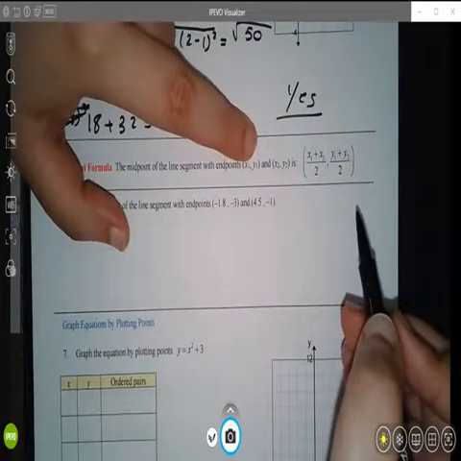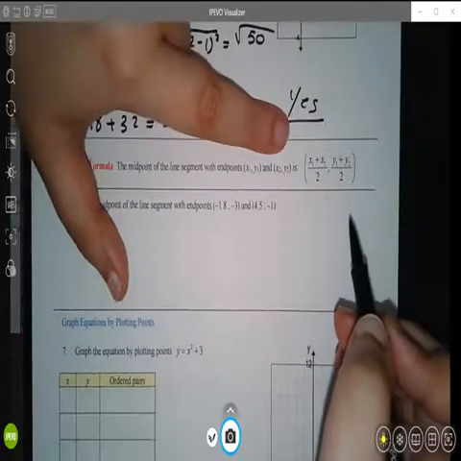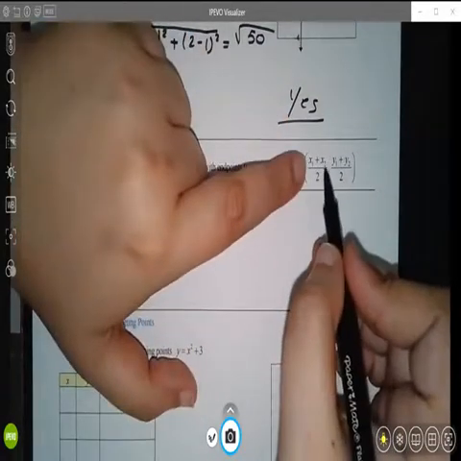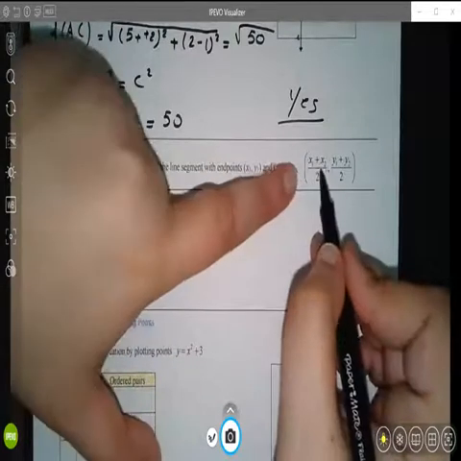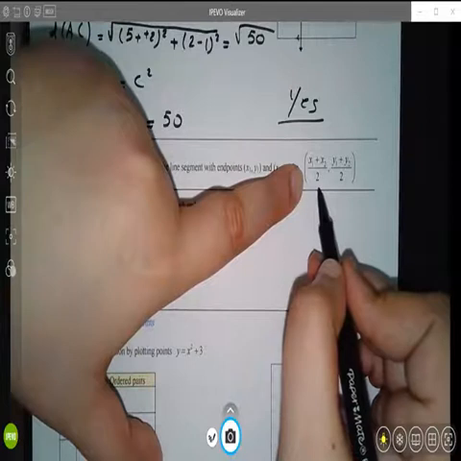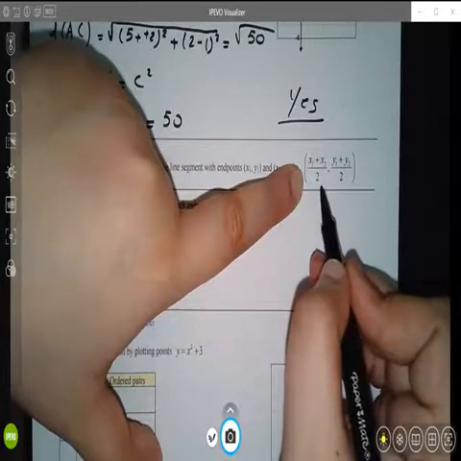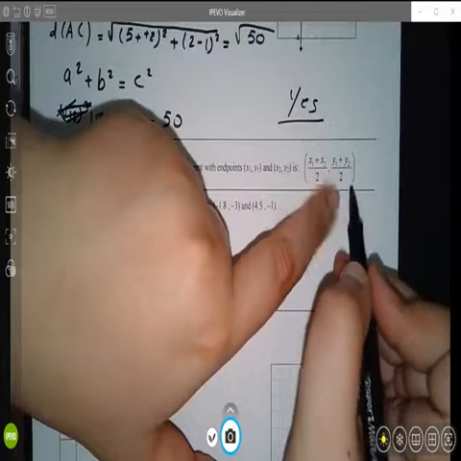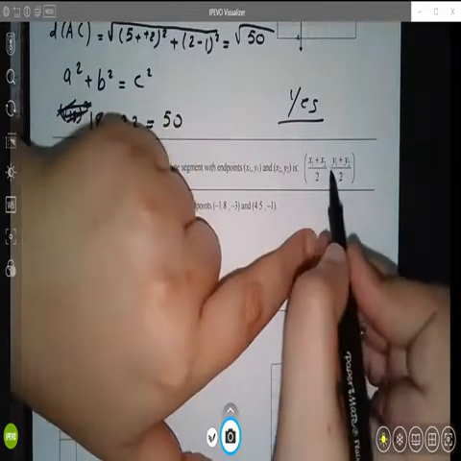One is x1, y1. The other is x2, y2. Now you grab both x values, x1 and x2, add them up, divide them by 2. Take the average, basically. Same here. y1, y2, add them up, divide them by 2. With a comma in the middle.